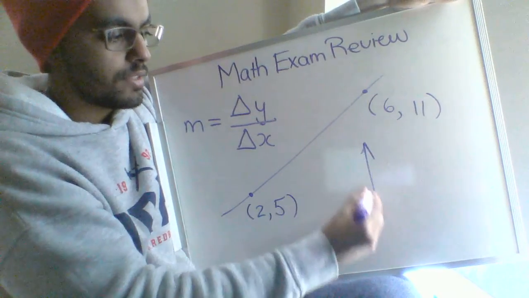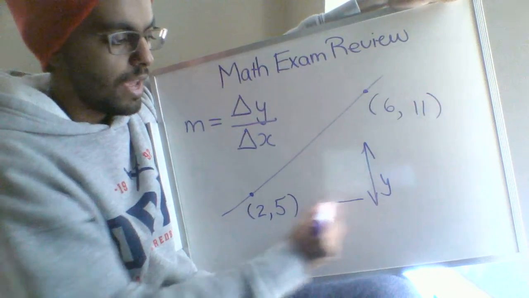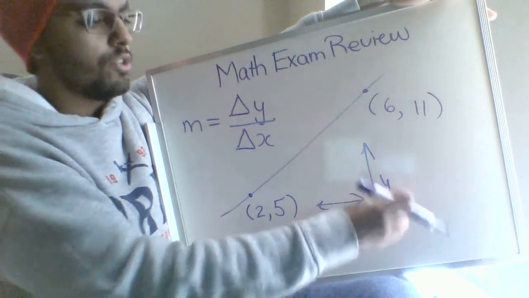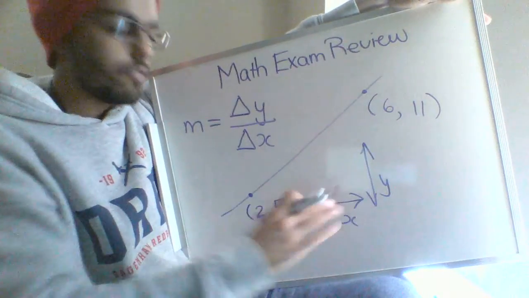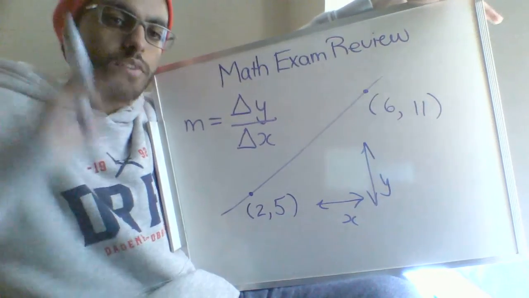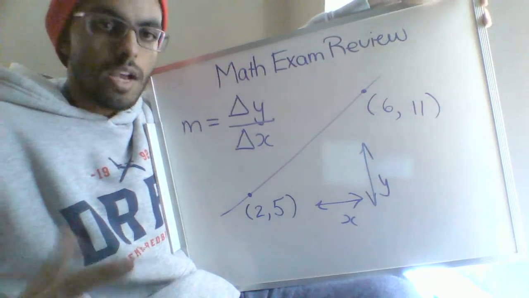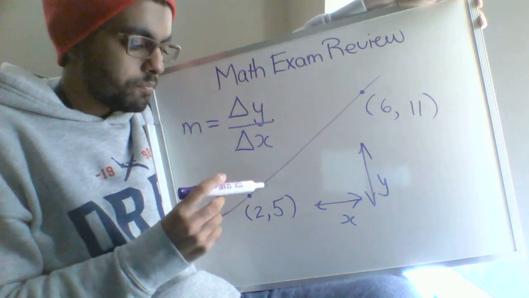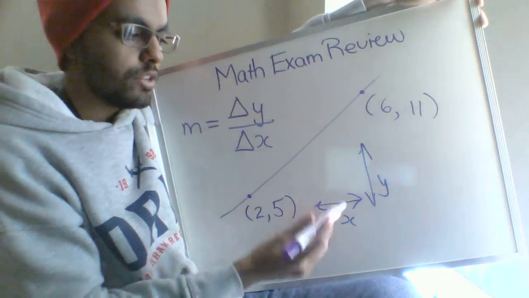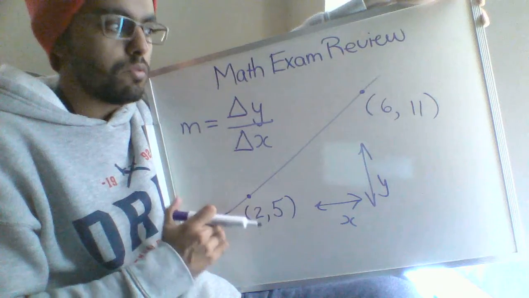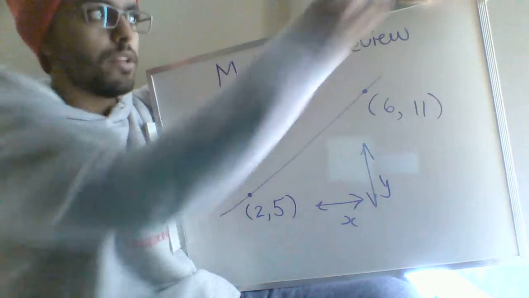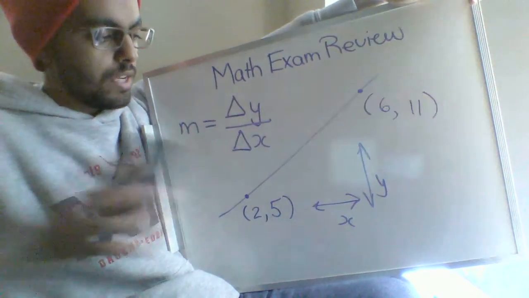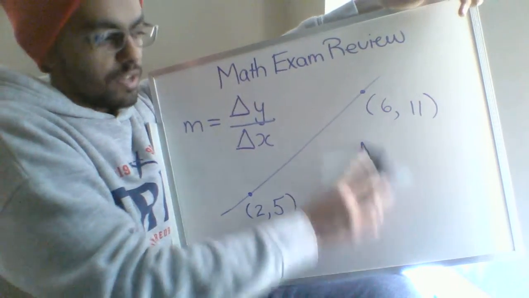Now remember, y is in that direction and x is in this direction. So our change in y, our vertical shift, that if you were in an elevator, how many floors up or down do you need to go, and also are you going up or are you going down from left to right. And then your change in x is your horizontal displacement, that once you get out of the elevator, how far do you have to walk horizontally on that floor, for example.